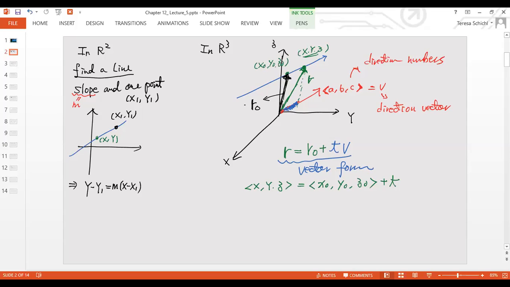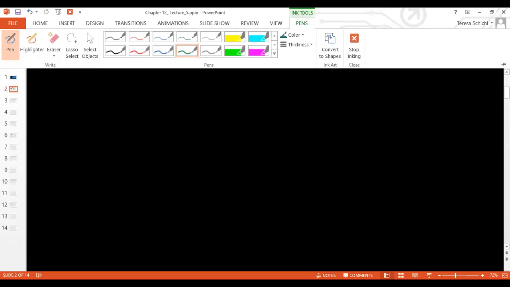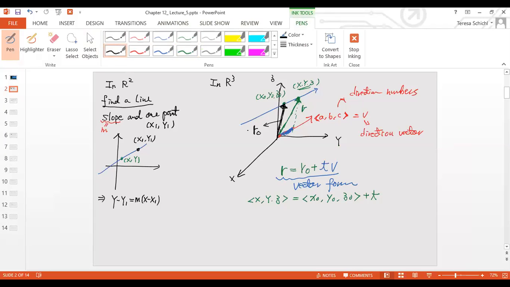So t can be any number, and v is our directional vector. So that's why it will be A, B, C here, correct?